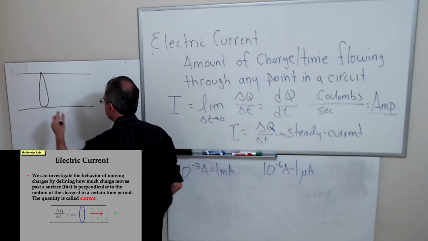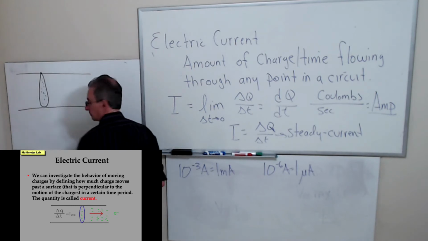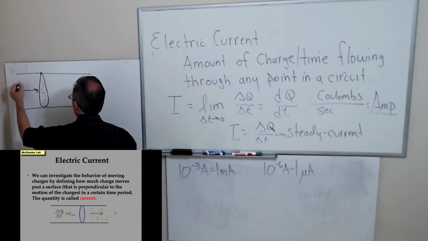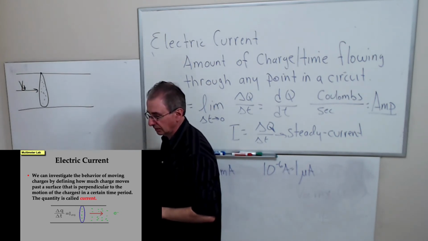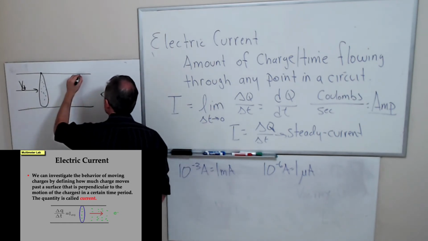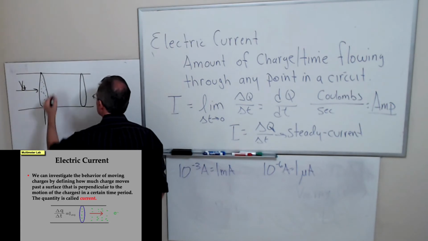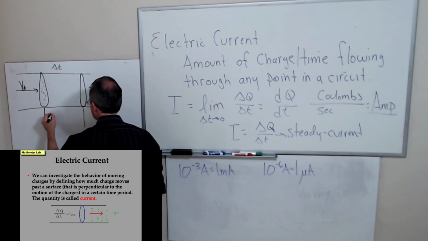So imagine you have a bunch of charges over here, and they're drifting to the right with some velocity v sub d. I call it drift velocity. And these charges go from here to here in some time delta t, so that the particles travel a distance L equals v sub d delta t.